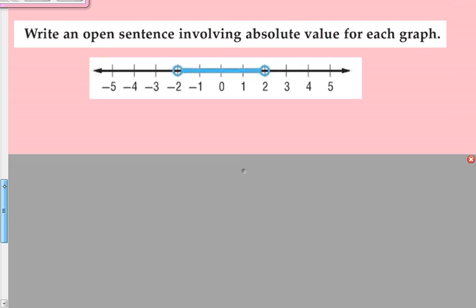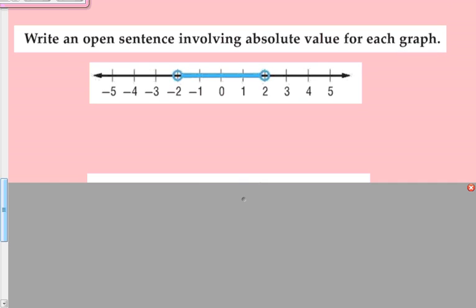Here's your last section. You have to write an absolute value statement for the graphed solution set that you see. When we do this, if you'll remember back to when we wrote absolute value equations, it's always inside the bars x minus the midpoint, and then it would equal the distance. That was the formula.